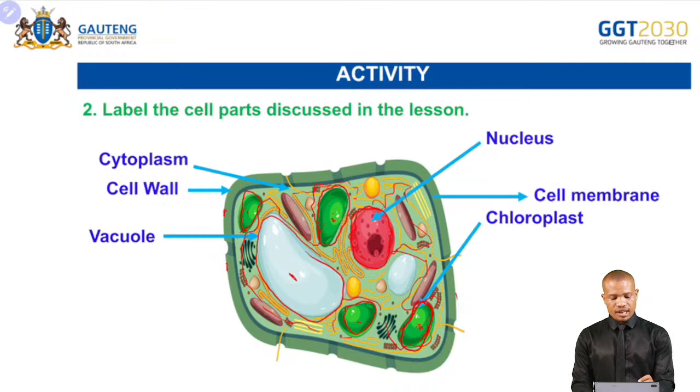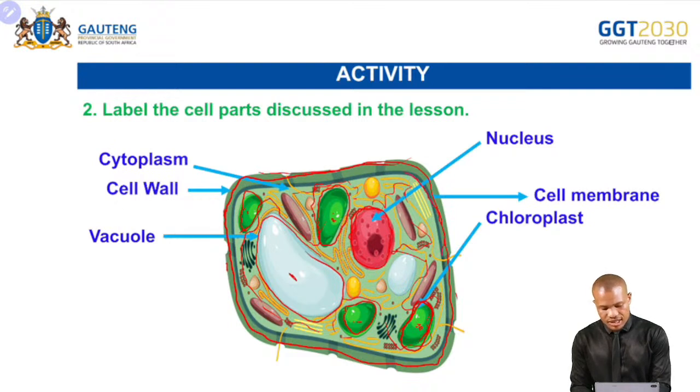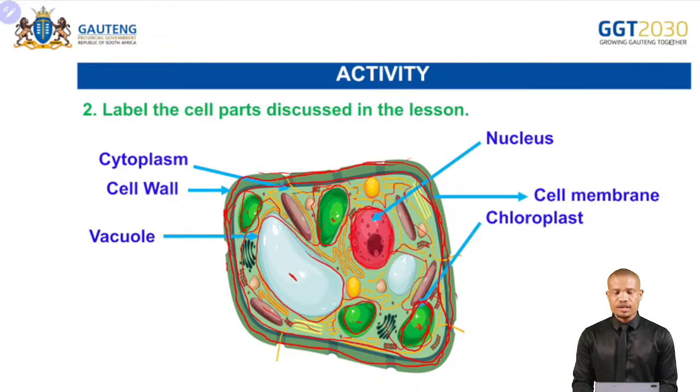So in this case, this thick layer here is your cell wall. And then this inner layer, this one which is dark green, is your cell membrane. Okay, right, so the thick outer layer is your cell wall and the inner layer is your cell membrane. What does it do?